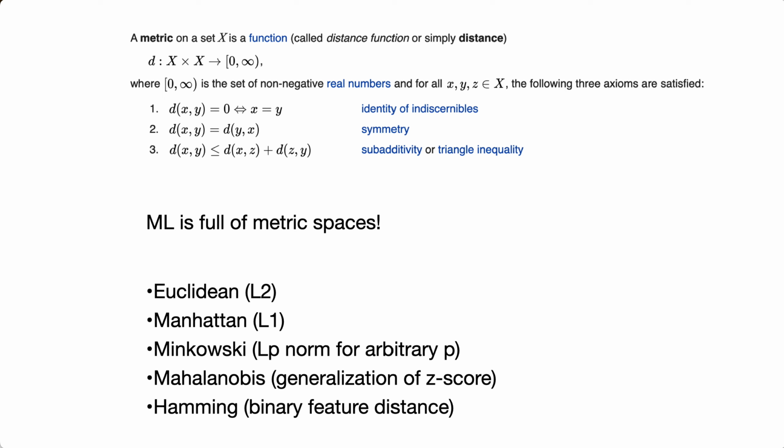Okay? So a metric space is operating in a vector space, right? The idea here is that we have some sort of vector space. X is a vector space, maybe the vector space of three-dimensional real vectors. It doesn't matter, we don't have to define that a priori, but we need to know that X is representing some vector.